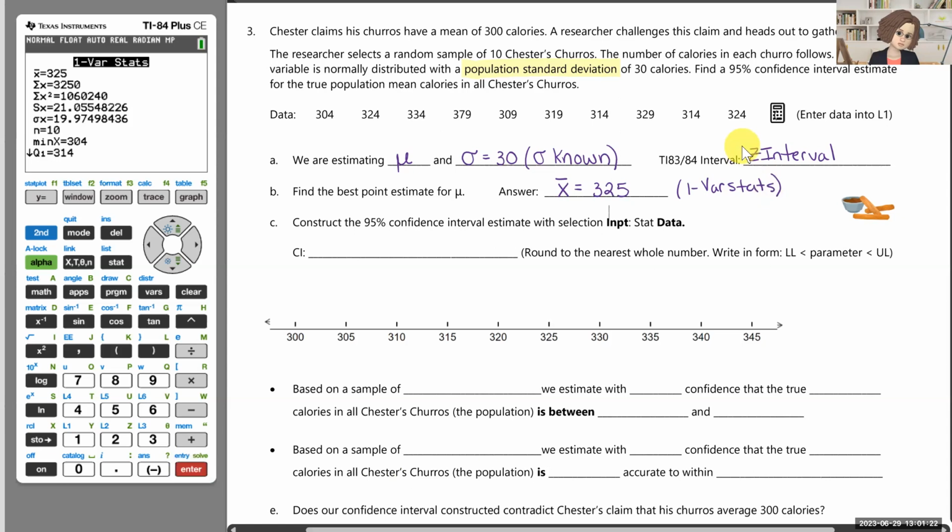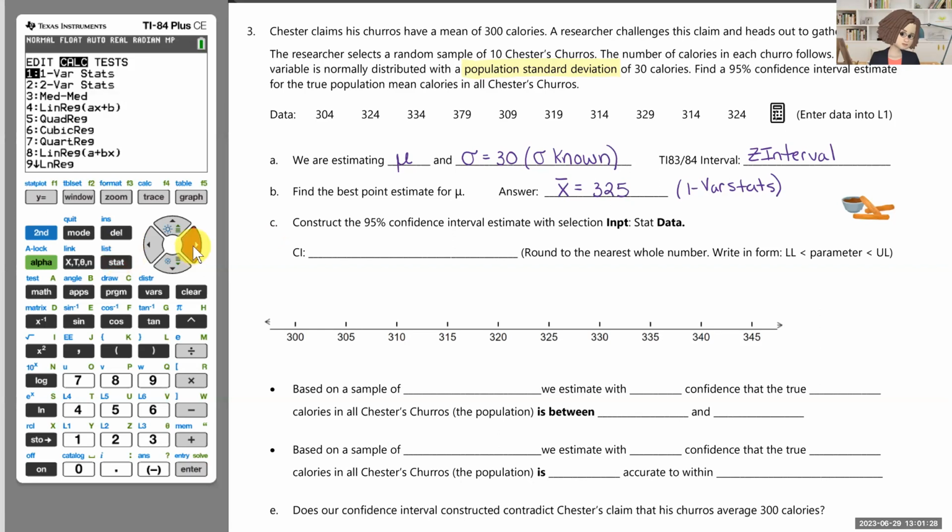And then we'll use our Z-interval to find our confidence interval estimate. So stat, tests, Z-interval. And if we have data, you want to make sure for your input, you select data. So make sure when you move down that data is highlighted.